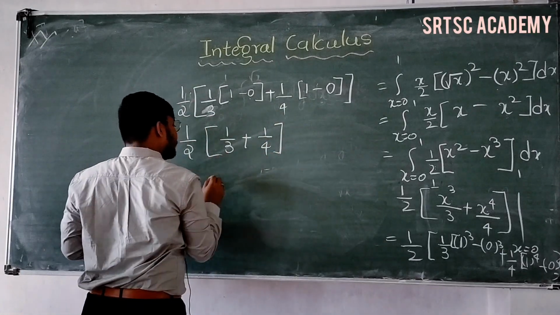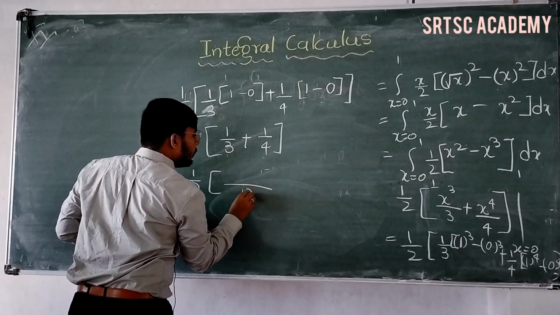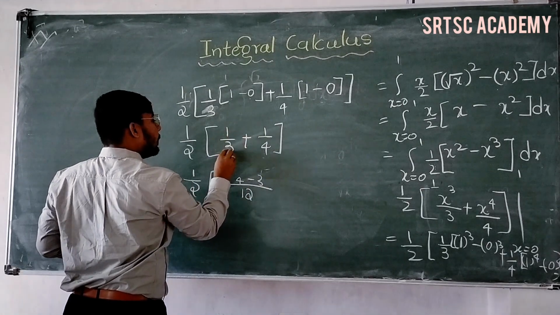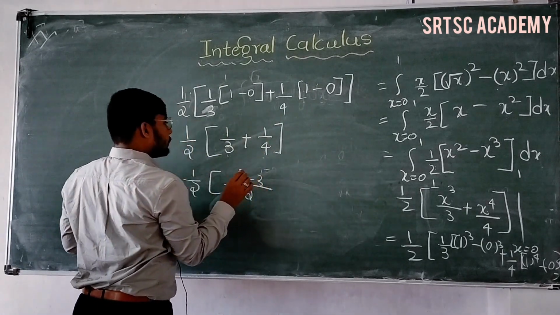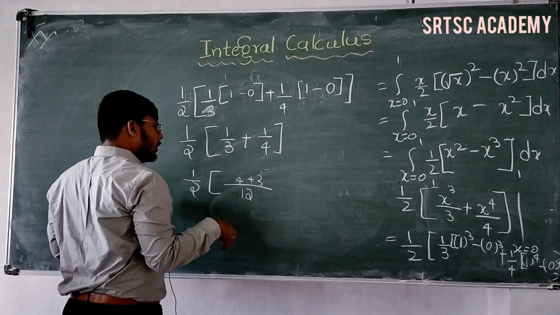Take the LCM here, 1 by 2, 4 threes are 12, 4 plus 3, right?